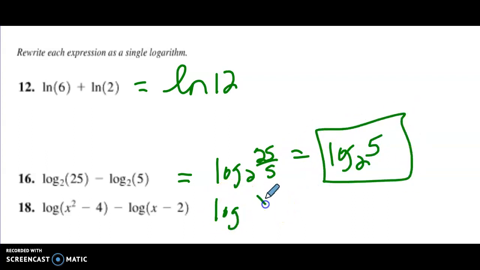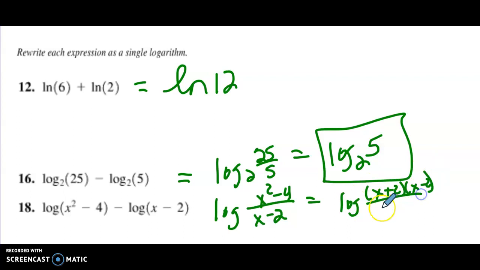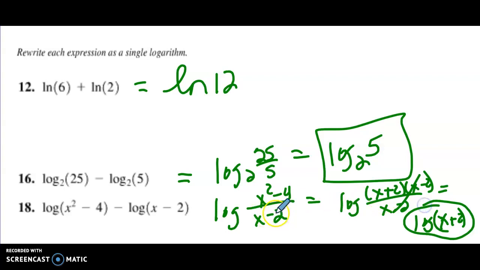This is the log of x squared minus 4 over x minus 2, which is the log of x plus 2 times x minus 2, if I factor that, divided by x minus 2. So I end up getting the log of x plus 2. Okay, a much simpler logarithm than to deal with all this.